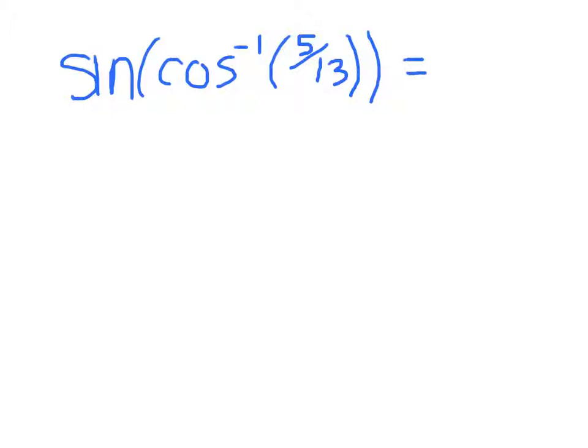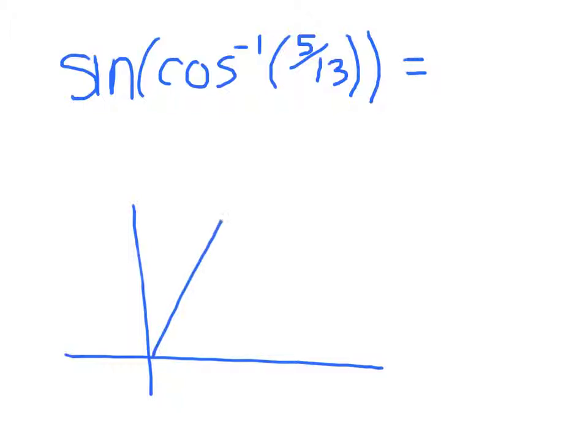Let's find the sine of the cosine inverse of 5/13. What this is saying is to find the sine of the angle whose cosine is 5/13. So we should probably draw a picture first. The cosine is 5/13. It's saying the hypotenuse is 13 and the adjacent side is 5. If you're good with geometry, you have that triangle memorized.